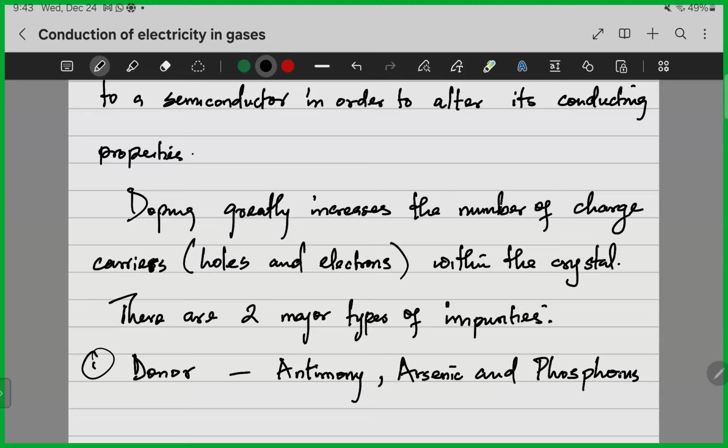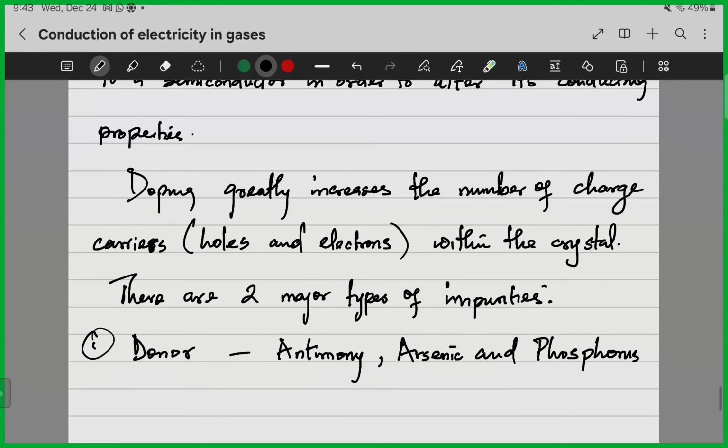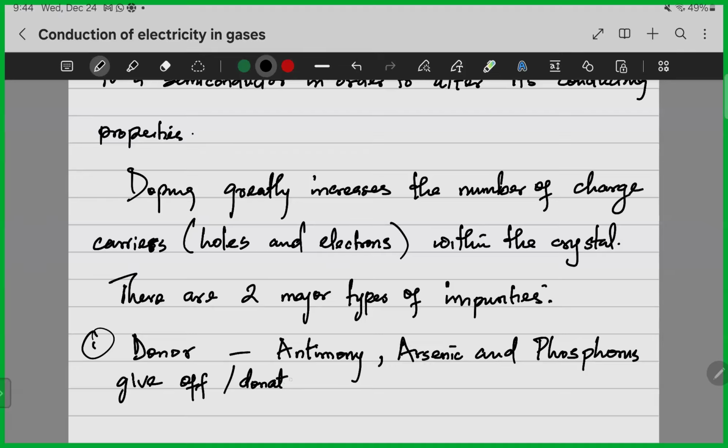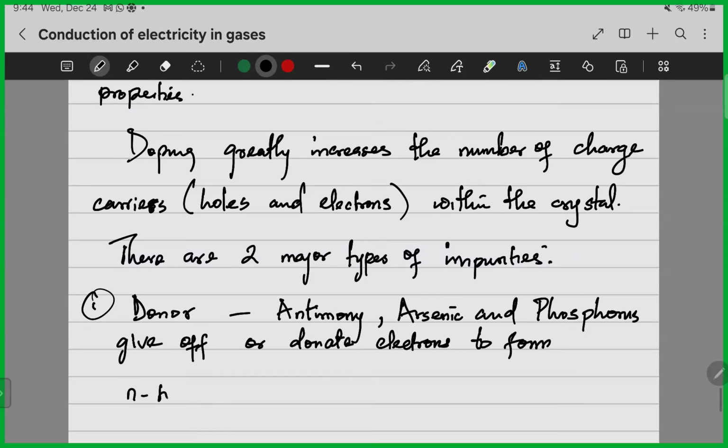These ones give off electrons. They donate electrons to form N-type semiconductors.